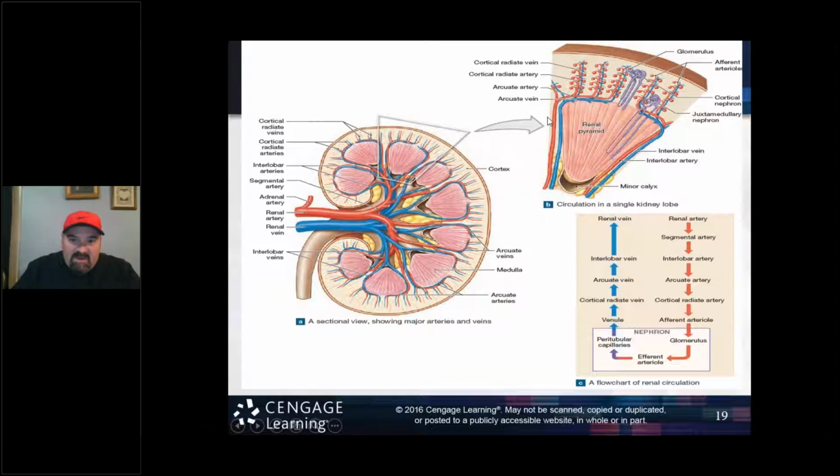So that's why these are interlobar, arcuate artery and vein, cortical radiate artery and vein. They're also known as interlobular, these cortical radiate, but I tell you that cortical radiate is a proper term, and don't worry about interlobular. Interlobar is a term to know; interlobular, I'm not asking you to know, okay?